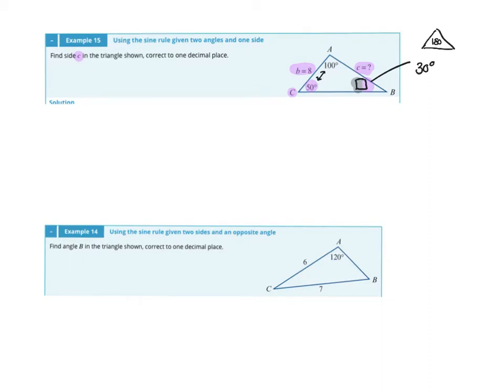So we now can use this to solve. We had to use C because that's the question, and now we're going to use B because we have both the pieces of information. So I'll leave C on there and I'll do sine 50 equals 8 over sine 30.